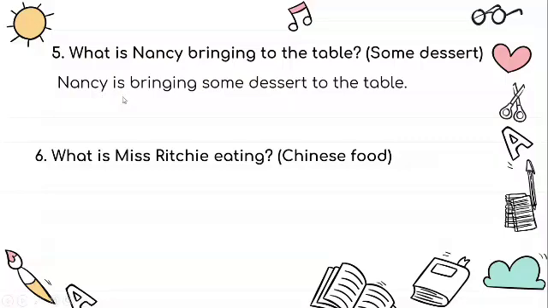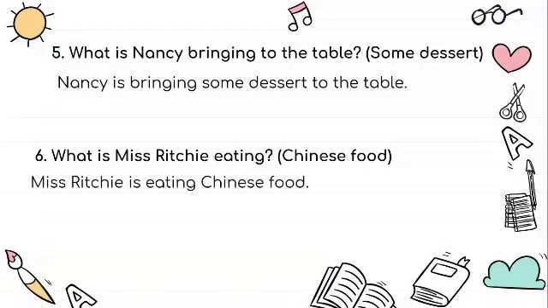Okay, so now the number 6 we have, what is Miss Richie eating? Okay, remember that we have to use the words that are in the parentheses. So what is Miss Richie eating? The answer is Miss Richie is eating Chinese food.